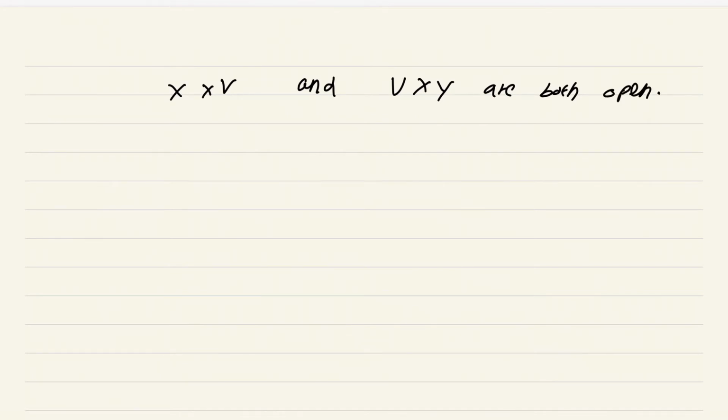Well, that means the intersection, X cross V intersect U cross Y, which is nothing but U cross V, is open. Okay, that was rather easy. What we have done is, by using the fact that closedness is preserved by taking products, we have shown that openness is preserved by taking products.